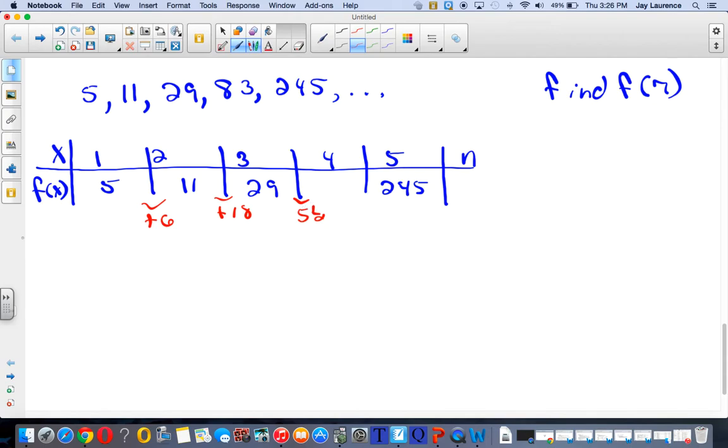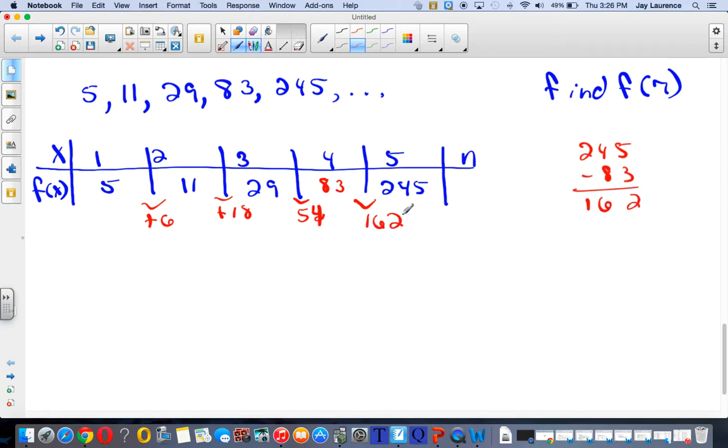If I add 54, I'm going to get 83, which is what I was supposed to get. I guess I just don't know how to subtract. Yeah, I went the wrong way. Sorry, going a little too fast for myself. That's a good thing that wasn't a mistake there. I just subtracted wrong. So the first differences are plus 6, plus 18, plus 54. And then 245 minus 83 is going to end in 162.